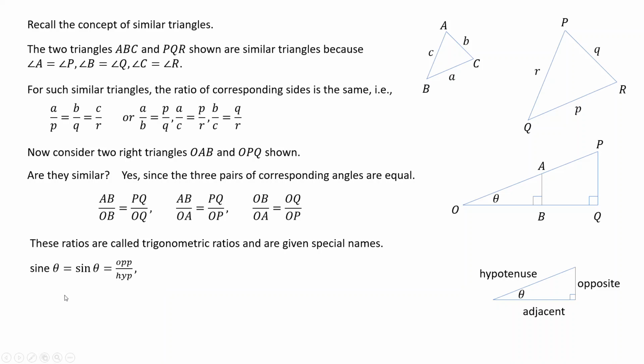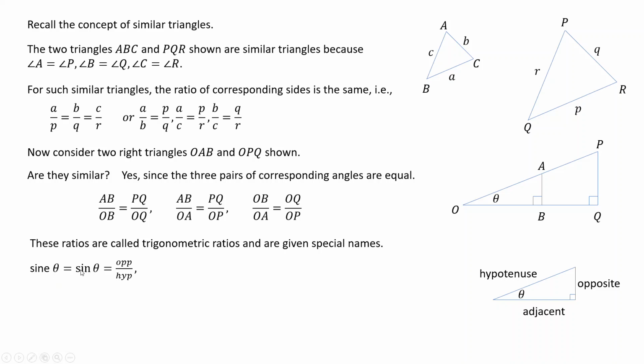Nice. And then, you know that ratio of opposite over hypotenuse? That is what we call sine theta, typically written as sin theta. No, I did not commit any sin. Joke.